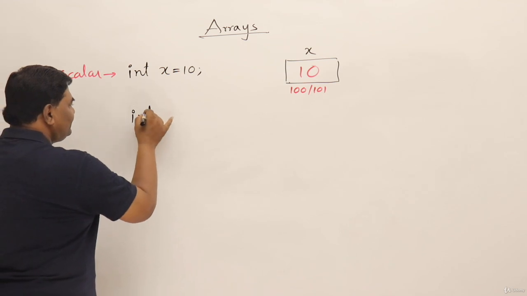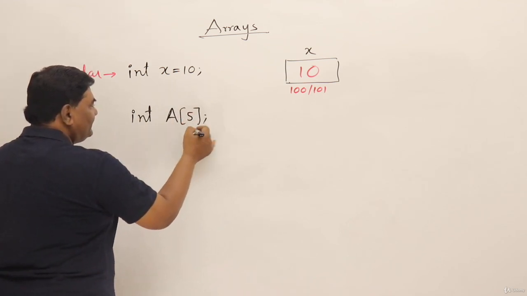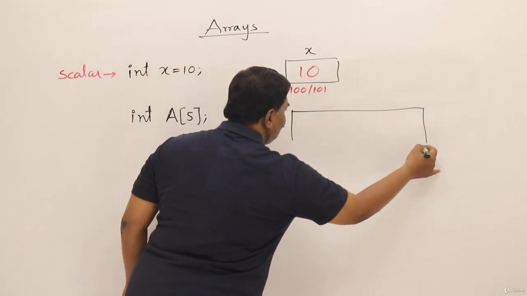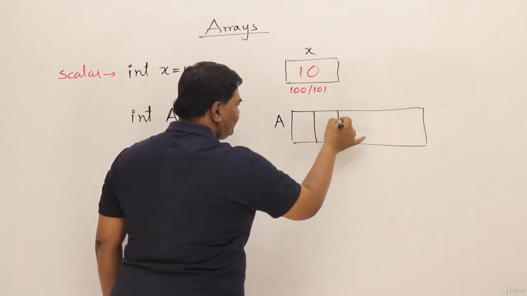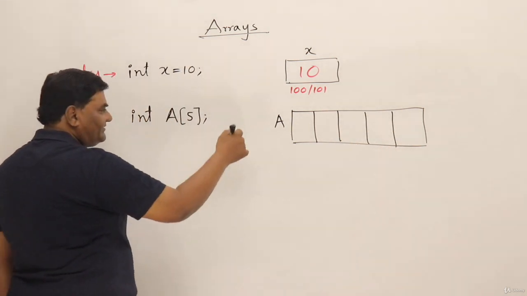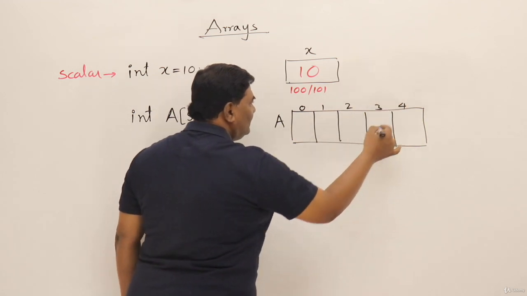Let us say integer type array I want, and the name is A and the size is 5. So this will give me an array of size 5 where I can store 5 integers, and the indices are 0, 1, 2, 3, 4.